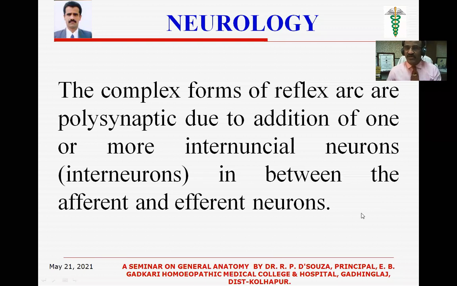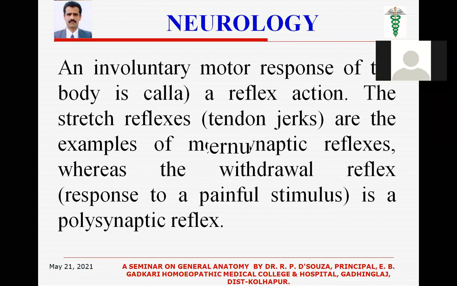Afferent and efferent neurons, ascending and descending neurons. An involuntary motor response of the body is called a reflex action. The stretch reflexes like tendon jerks are examples of monosynaptic reflexes, whereas the withdrawal reflex in response to a painful stimulus is called a polysynaptic reflex.